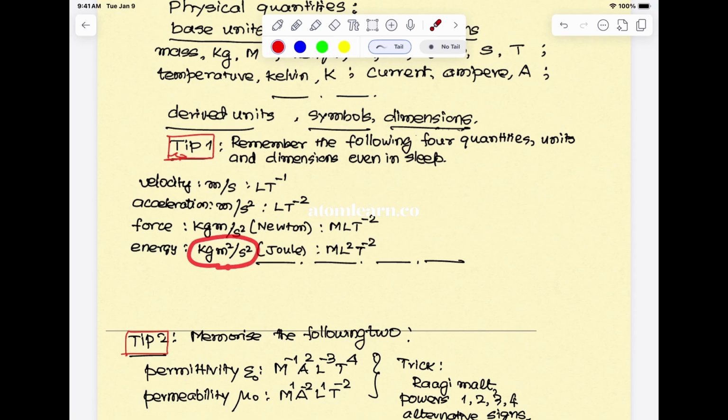Similarly, energy has the SI unit kg meter square per second squared. By the way, we talk only about SI units here. Then it is also given a name, which is joule. Therefore, some units may carry a name along with their basic units.